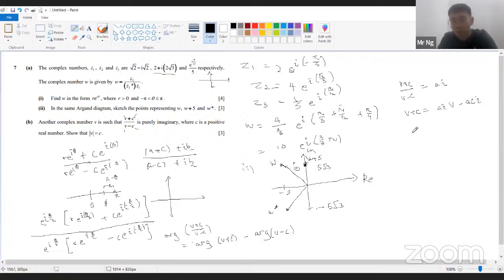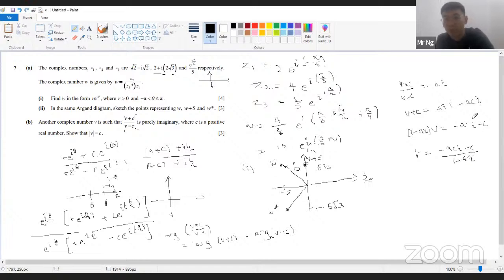So 1 minus Ai bracket B equals to minus ACi minus C. So B equals to minus ACi minus C over 1 minus Ai.